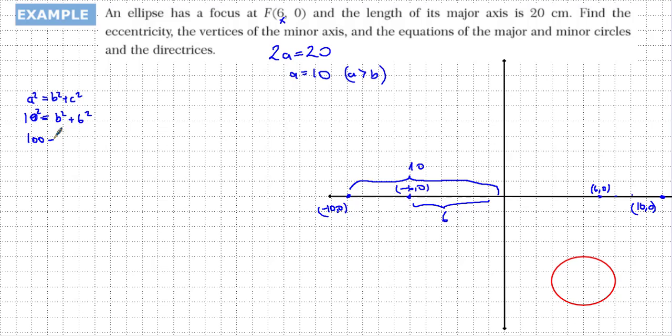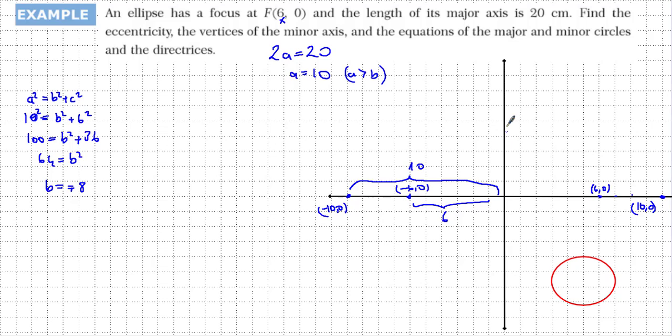So 100 is equal to b squared plus 36, and 100 minus 36 is equal to 64. So 64 is equal to b squared, and b is equal to plus or minus 8.